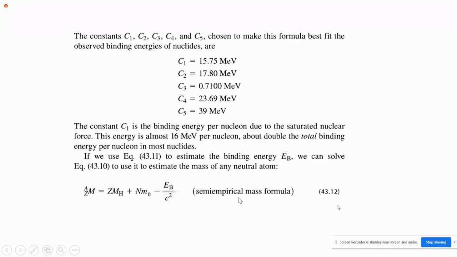What does it mean? Empirical means experiential, by experiment. So experimental plus theoretical, then it is called the semi-empirical mass formula. Both ways we are using in constructing this formula, that's why it is called the semi-empirical mass formula.